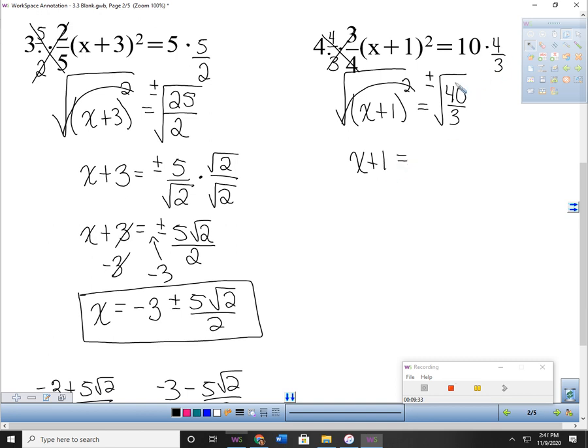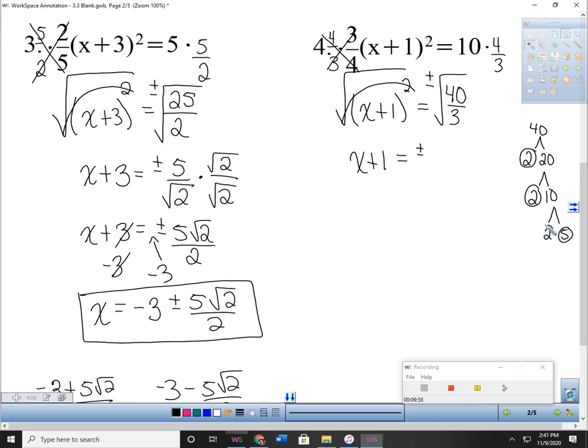Now, 40 is not a perfect square, correct? So we need to see about splitting 40 up. So 40 is 2 times 20. 20 is 2 times 10. And 10 is 2 times 5.